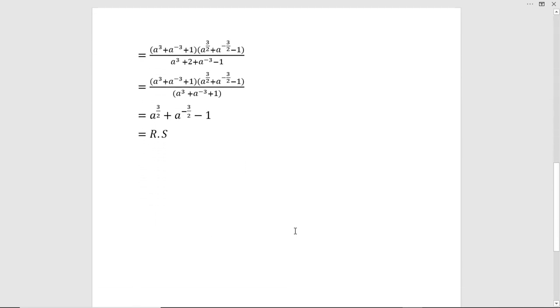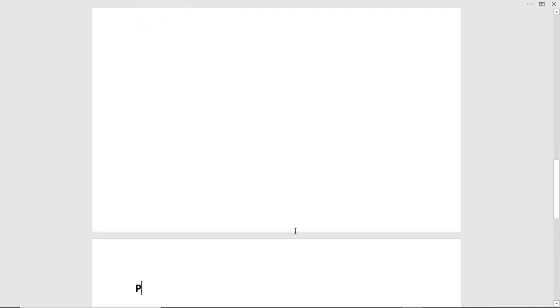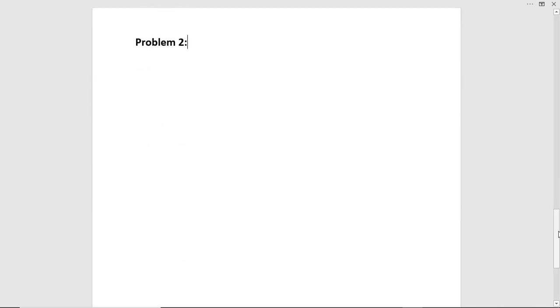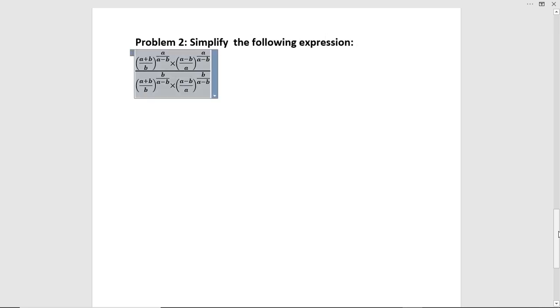Now we will get to problem 2. In problem 2, simplify the following expression. So we have an expression here and we have to solve this expression, simplify this expression.